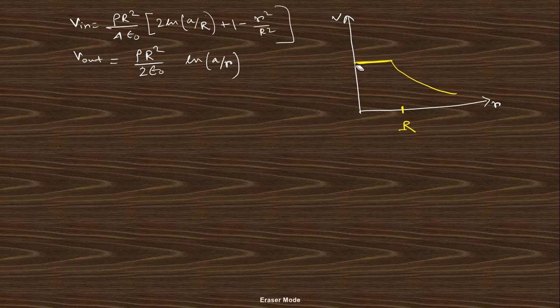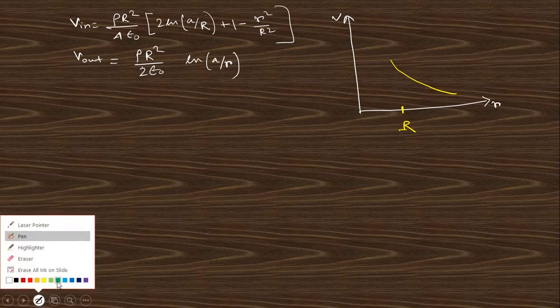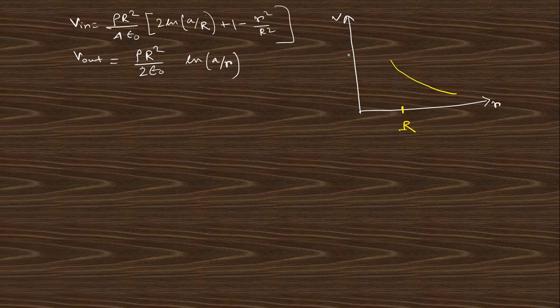This was the inside. So when r equals 0, this becomes like that. Actually this curve will be like that. From here you can see this is like that. This is the surface.